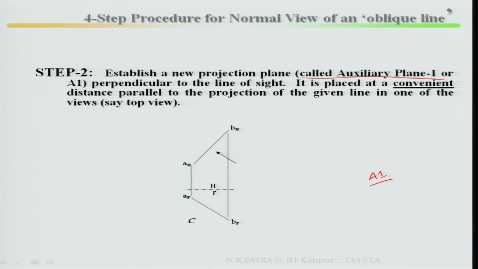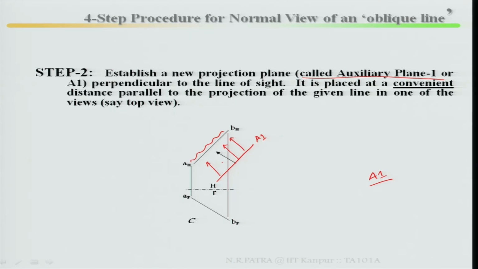What is the line of sight? If this is the line, I want to look along a line of sight such that there is a plane called an auxiliary plane, perpendicular to your line of sight. I can write it as A1, which is perpendicular to your line of sight.